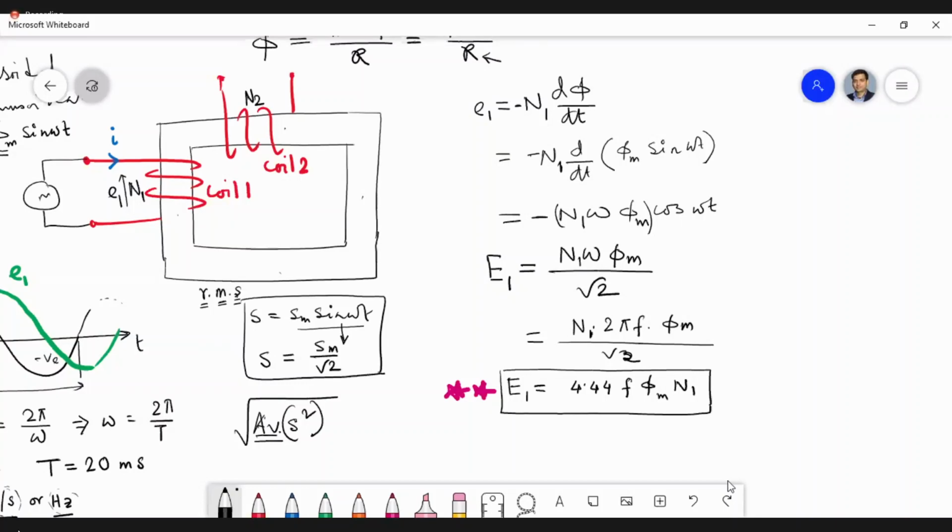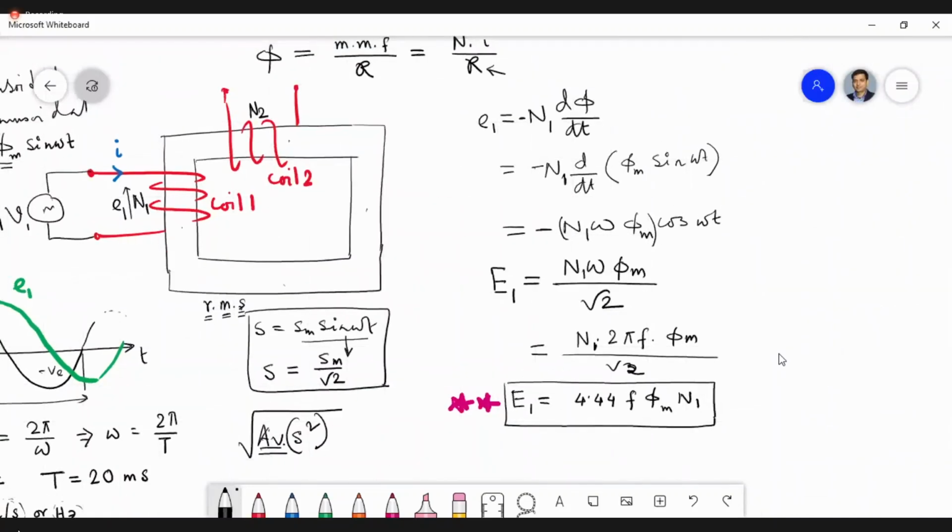Remember, E1 is not the V1 which you have applied. Clear? Now, the second thing is we have another coil wound on the same iron core but a different limb.